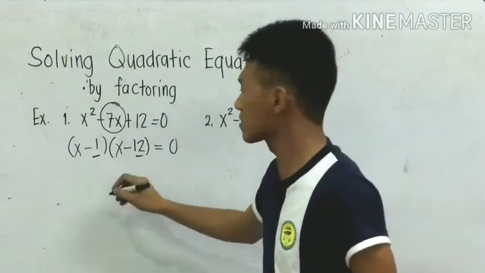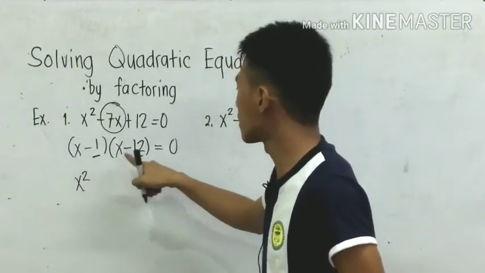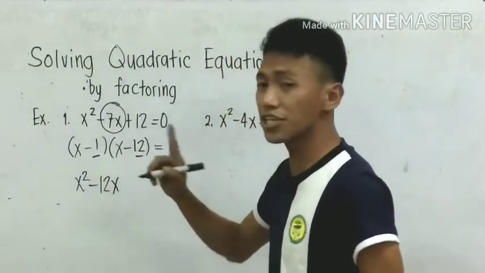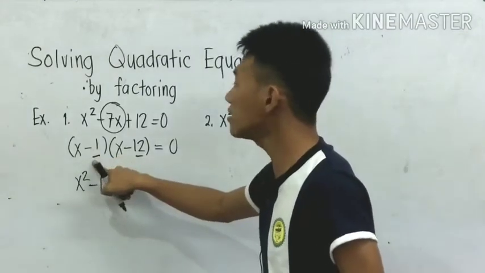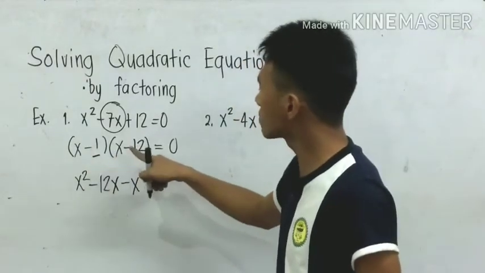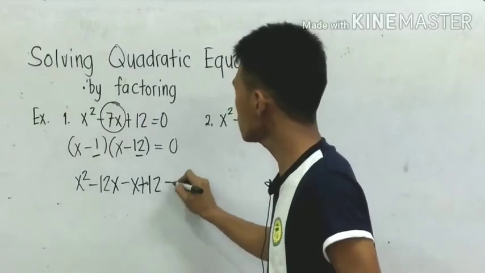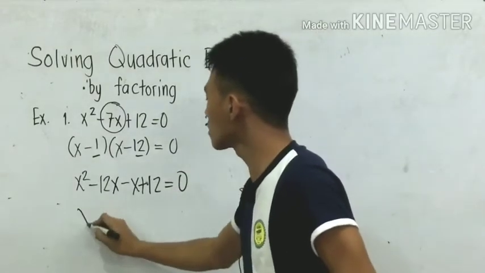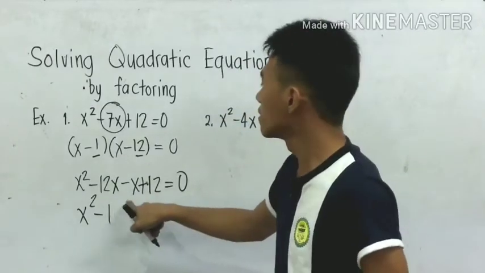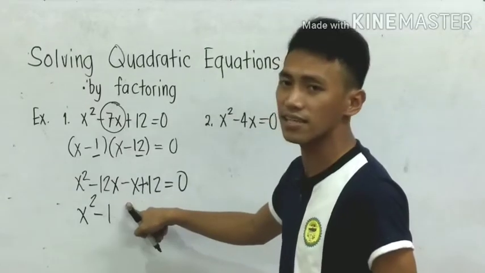So we have, let's check. X times x, x squared. Outer, x times negative 12, negative 12x. Inner terms, negative 1 times x, negative x. Negative 1 times negative 12, positive 12. Is equal to 0. So nahitabo nga, x squared minus na kay like terms, negative 12x and negative x.